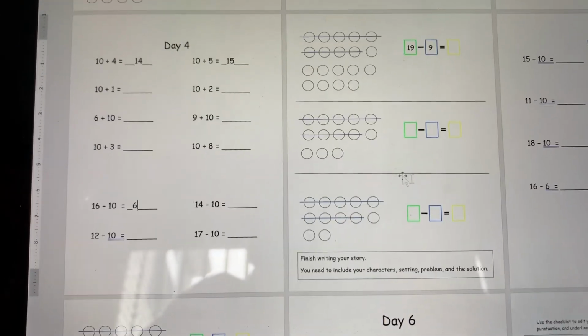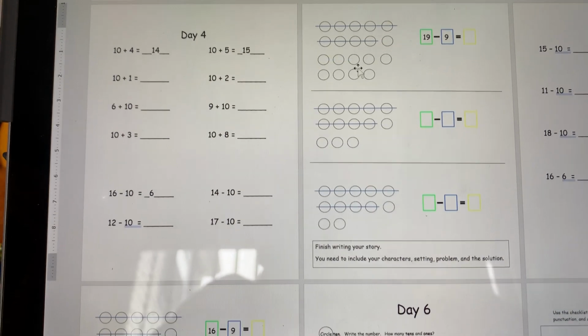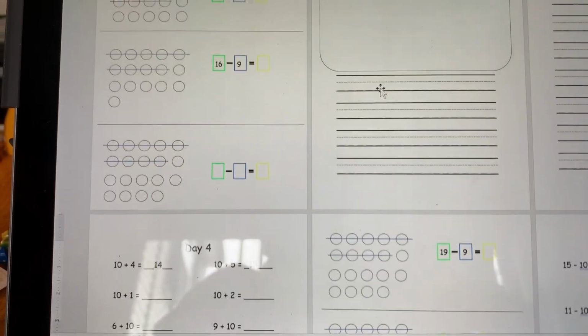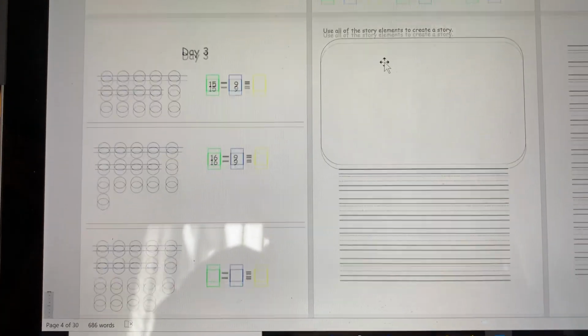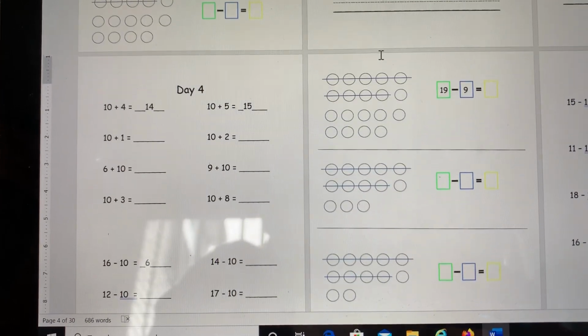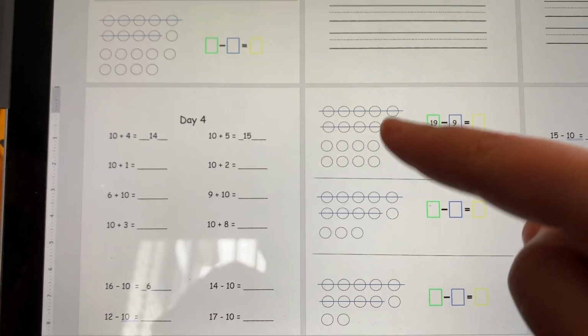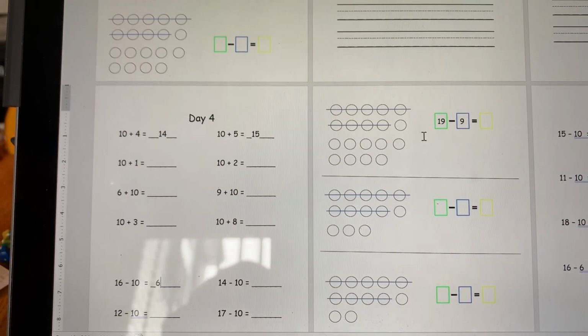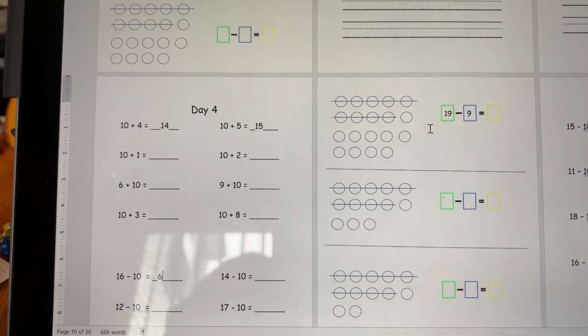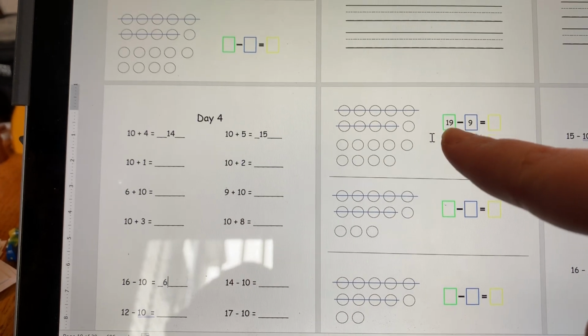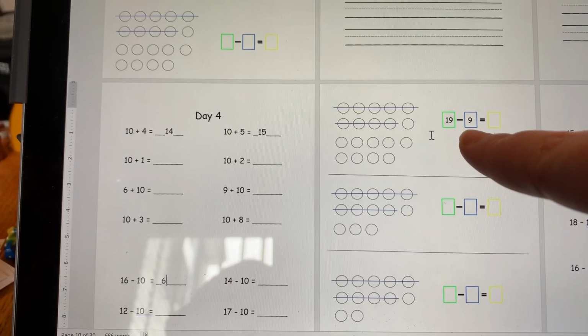Now for this part, this is the same steps as we did on day 3. We're going to count all the circles first. How many circles are there? There are 19 circles. How many did they take away?